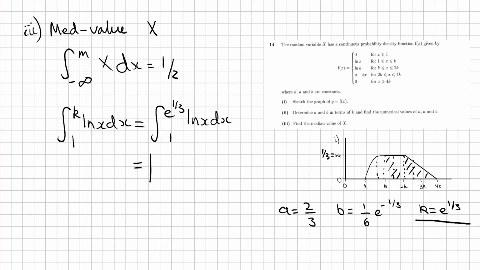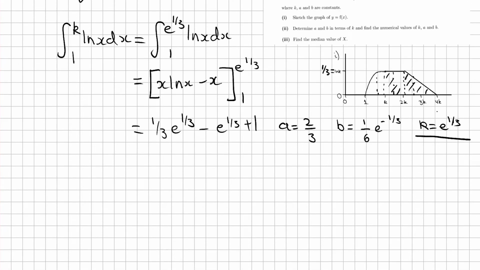So with this from the last part, we know that this integral is equal to x times the natural log of x minus x between e to the 1/3 and 1, and this will simplify out to just be 1/3 e to the 1/3 minus e to the 1/3 plus 1, and it's our job to figure out if this is bigger or smaller than 1/2.